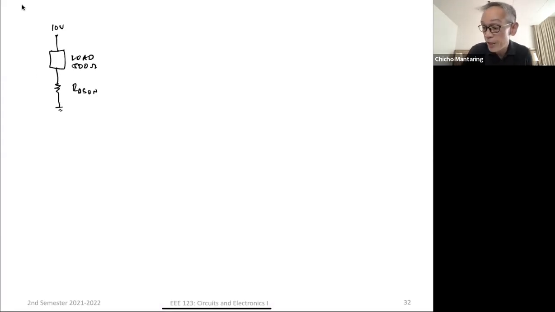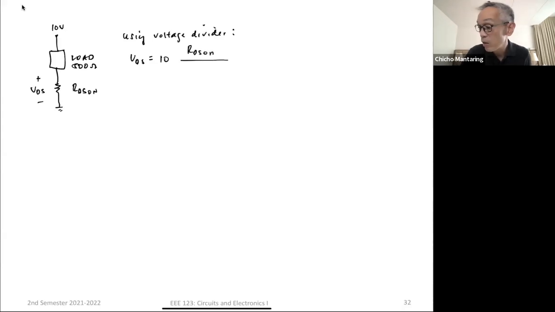This is VDS. Using voltage divider, VDS is equal to 10 multiplied by RDS on all over 500 plus RDS on. That's using voltage divider.